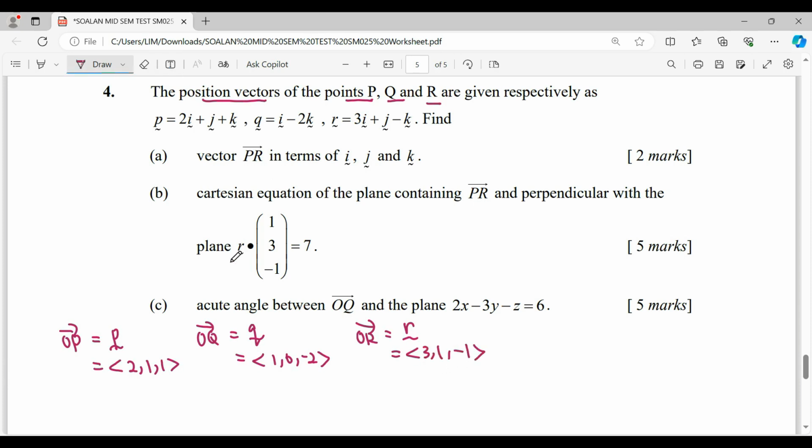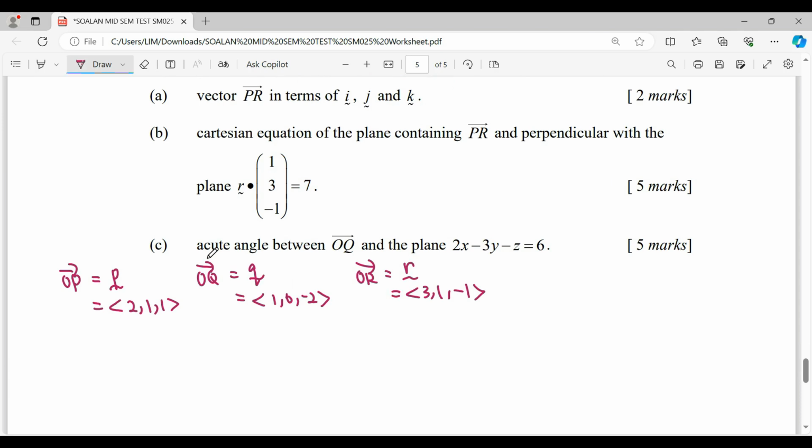So for these position vectors, we're going to answer question A. Find vector PR in terms of ijk. So PR can be obtained by PO plus OR. PO and OP, you can see the direction here is opposite.